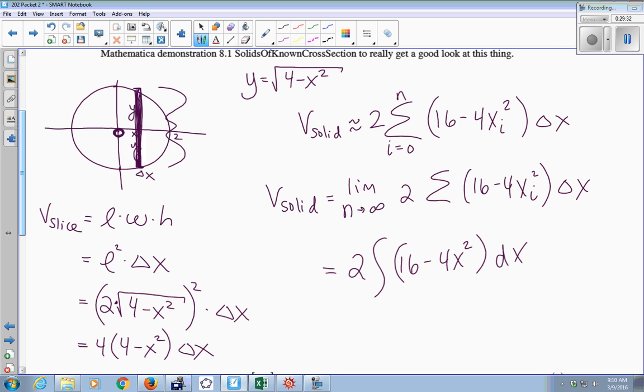For my limits of integration, I defined x to be the distance from the origin to my rectangle. You could integrate from -2 to 2, but then I would drop that 2. Instead, I'll integrate from 0 to 2. Both are totally fine approaches.